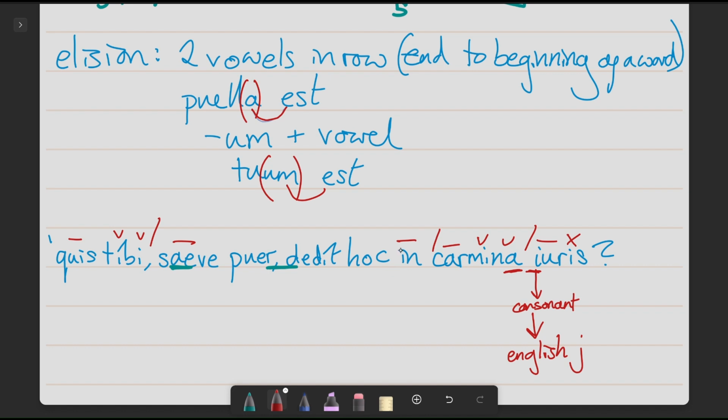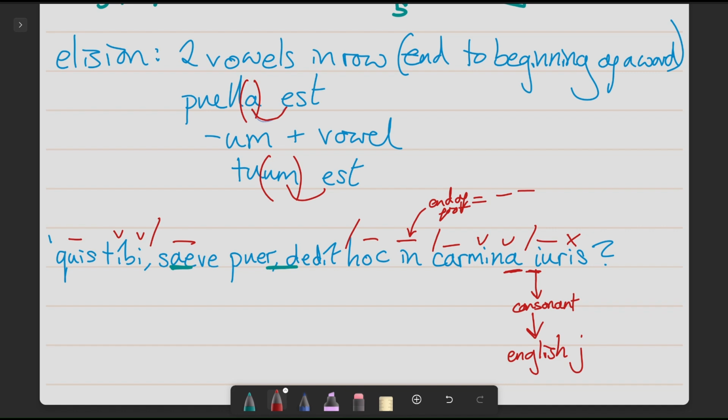If you have this at the end of a foot, it must be two longs, because you can't have two shorts and a long at the end of a foot. It's got to be a long there. I mean, this could be a long, but it's not. Trust me on that. So we've got 1, 2, 3.